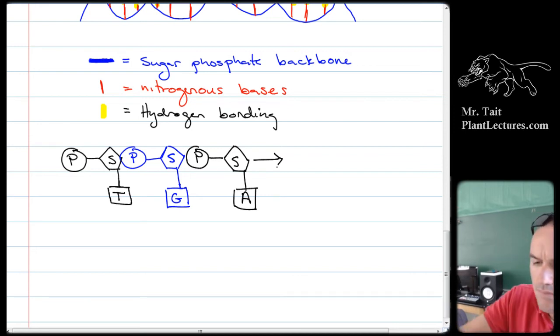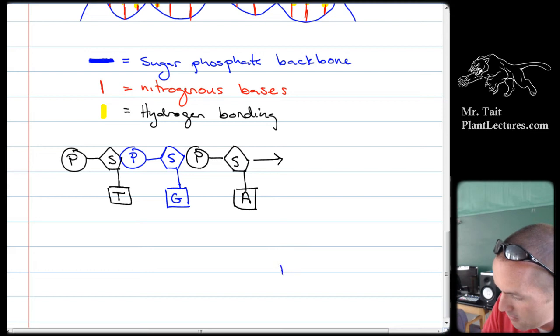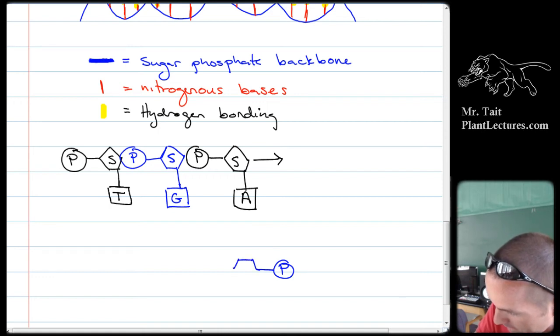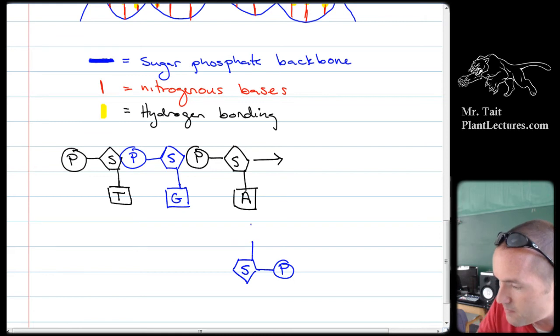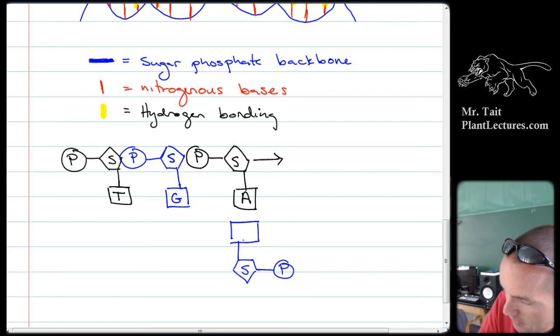Okay. And when we go down to the opposite strand then, the opposite strand actually goes in the opposite direction. Right? So down here, if we had our phosphate over here, it would be bonded to a sugar this way. And then it would be bonded to a nitrogenous base here.